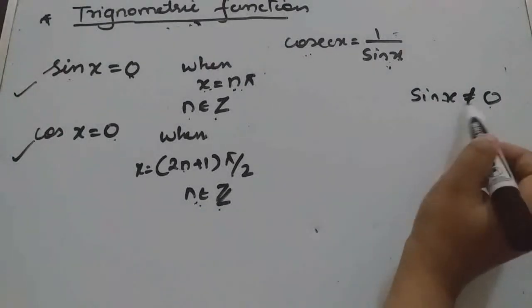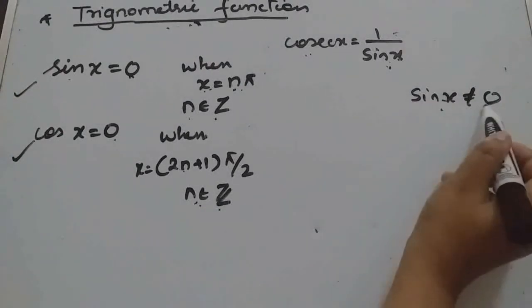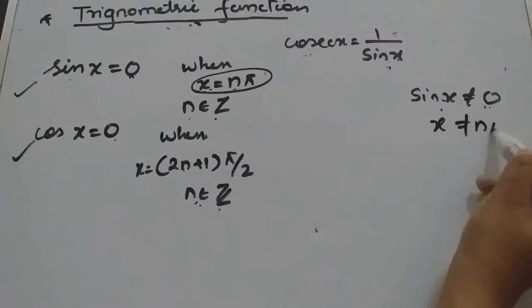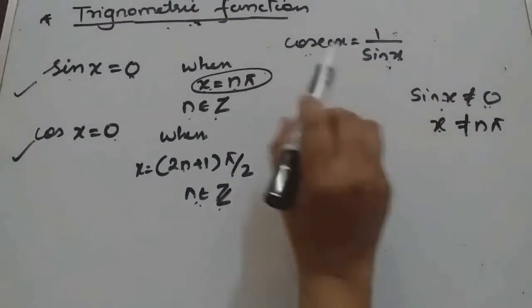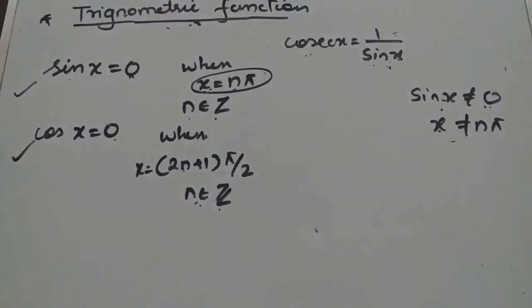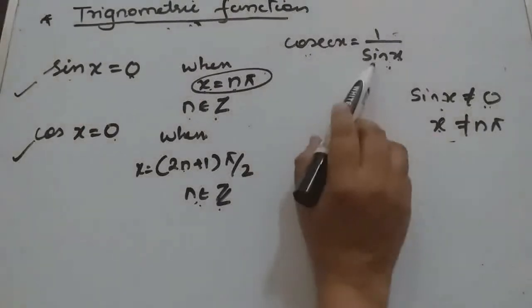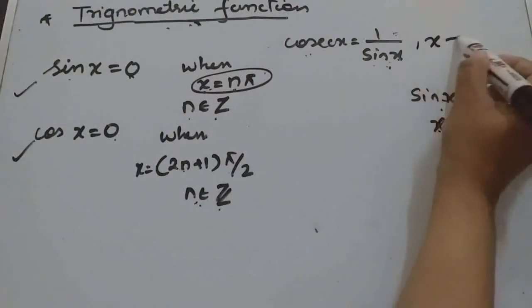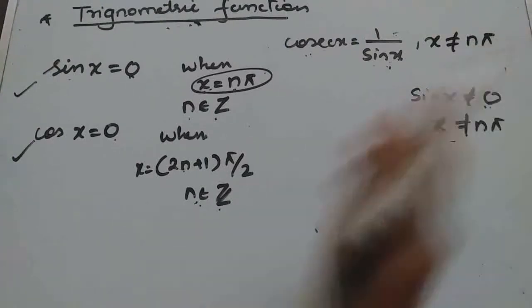Sin x is 0 for x equal to n pi, so x should not equal n pi. Understood? Whenever you define cosec x as 1 by sin x, this condition should be mentioned, because if it is 0, then 1 by 0 is an undefined value.